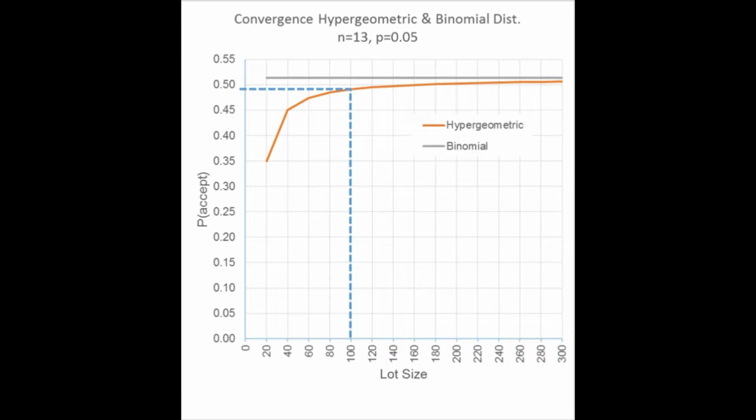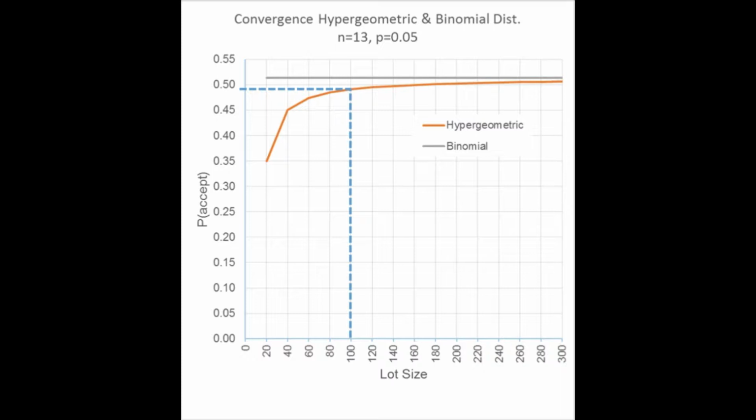You'll see that that gray line is at 51%, and the x-axis of this graph is lot size. So of course the binomial distribution does not change because there's no provision for lot size, remember. So the probability of acceptance is always 51%.